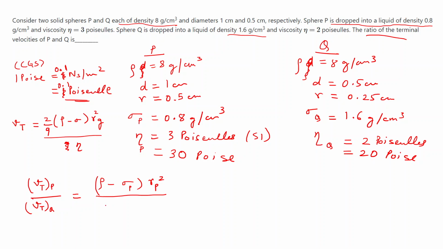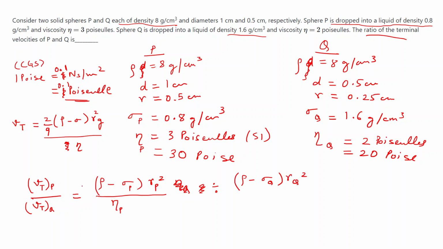And then eta will come here, that means eta of Q, because it's in the denominator. For lack of sufficient space I'm directly doing this, or if you want, let me take a new slide in that case. So the expression will be eta P, divided by the terminal velocity of body Q, with R Q square.